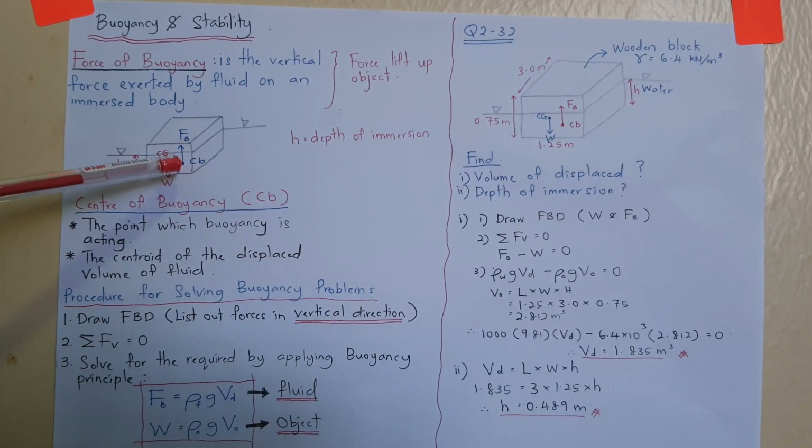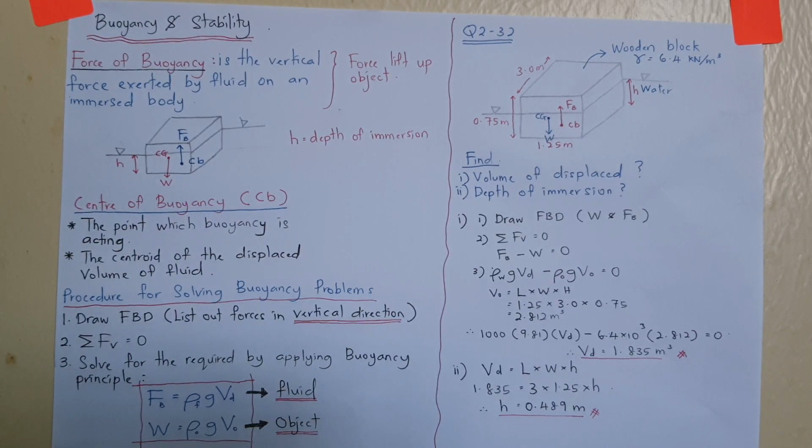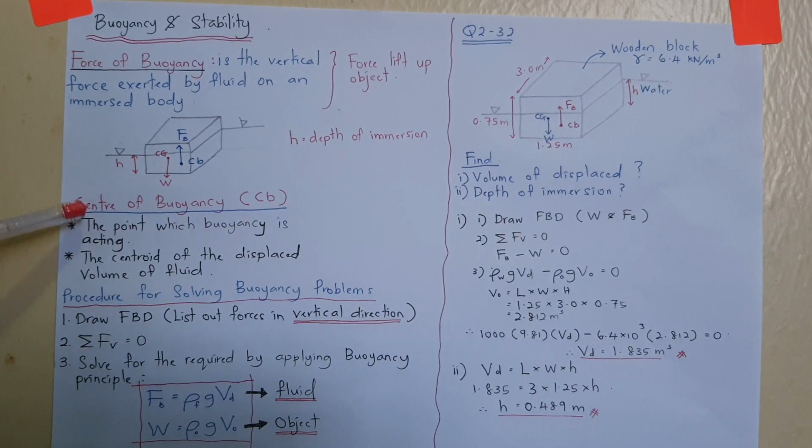Remember, in the last two classes we learned about hydrostatic force Fr, which acts at the CP, center of pressure. Now buoyancy acts at the CB, center of buoyancy. What is the center of buoyancy? The point at which the buoyancy force is acting. That's why I draw the FB from the center of buoyancy.